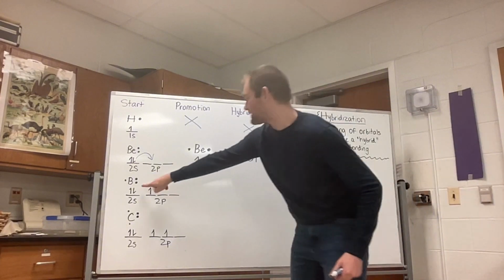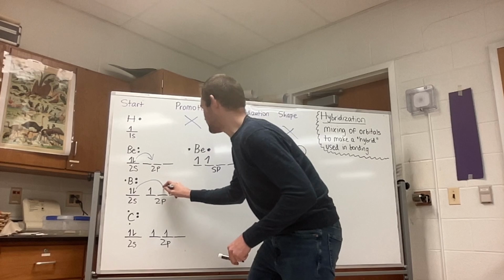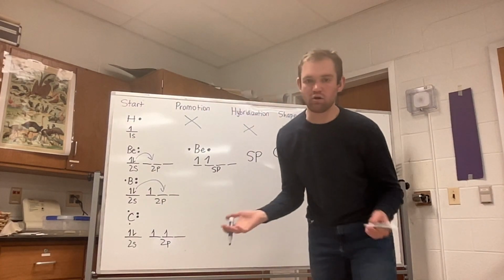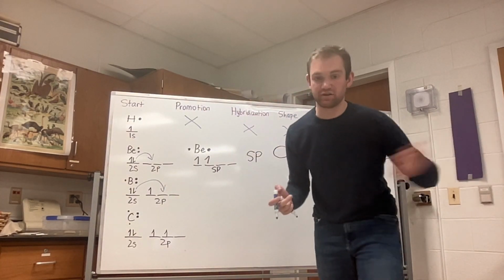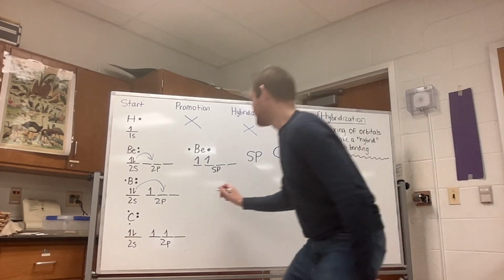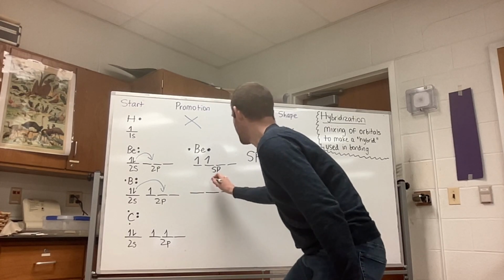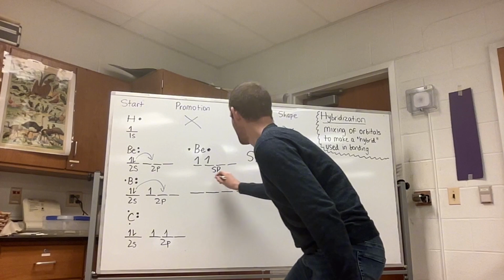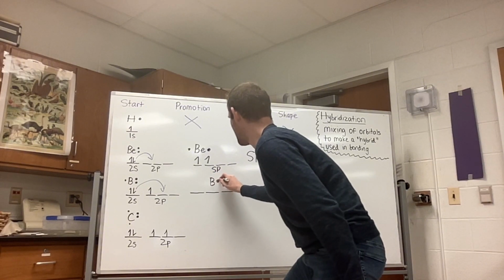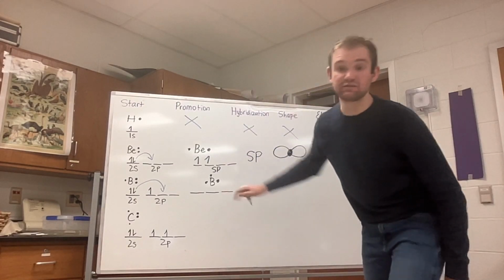Again, this electron here has to jump to a new spot, to where there's a blank orbital. So now everybody's by itself and can bond. So how does this work here? We're going to get another 4 lines here. 1, 2, 3, 4. And boron will look like this. Boron, 1, 2, 3. It'll make a triangle. That's your planar triangle.